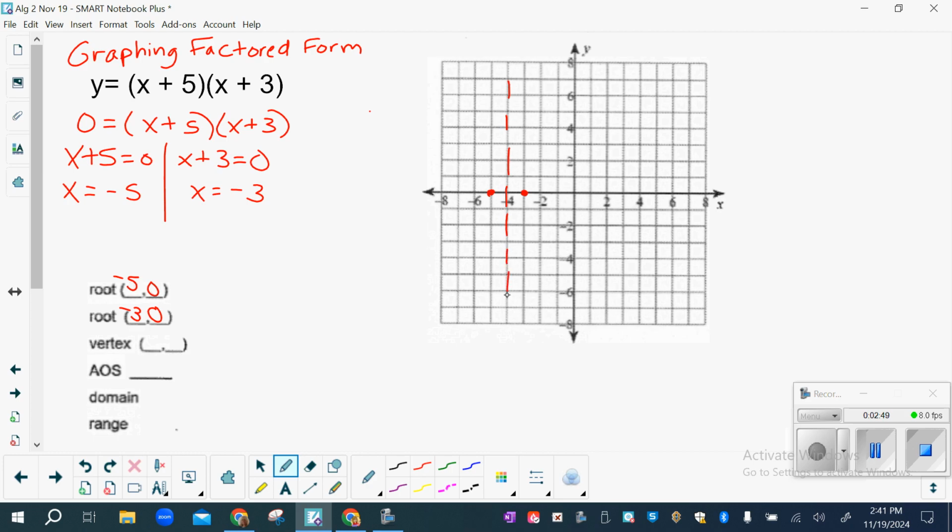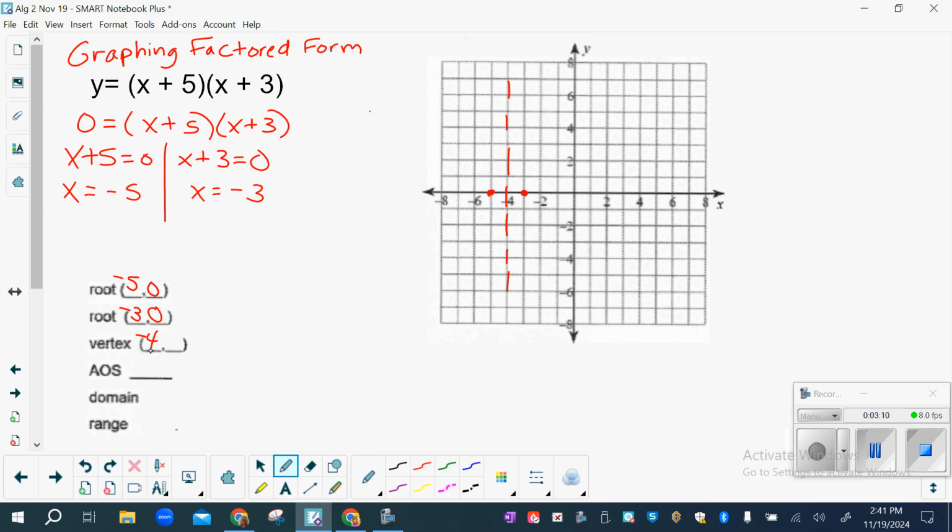This is a distance of 2, so half of that would be 1. We go 1 in this direction or 1 in this direction, so we have an x value of -4. We don't need to compute that. We've already found our zeros, so we can just look halfway in between them, and that gives the x value of our vertex.